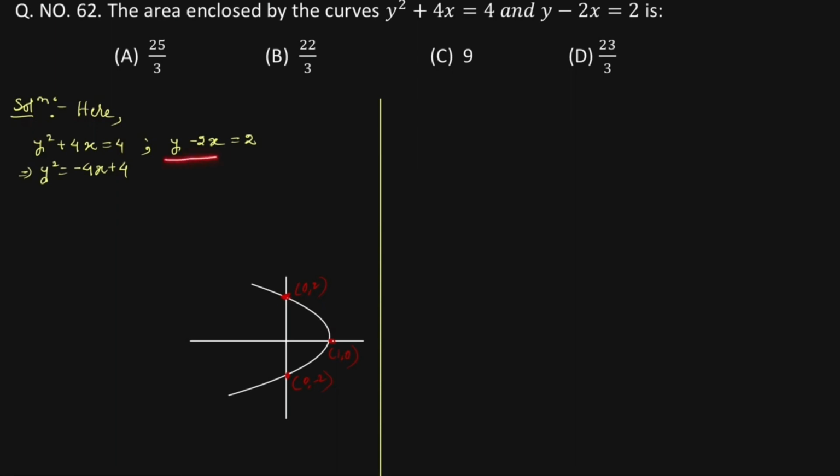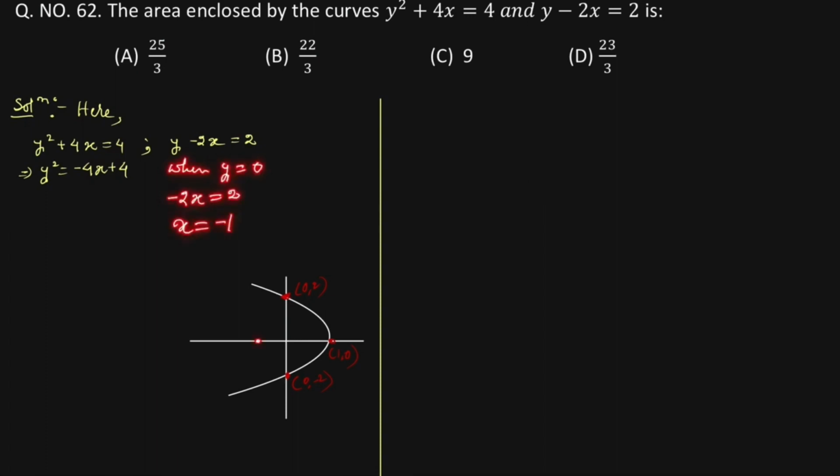Now we draw the graph of this line. When we take x equal to 0, then you will get y equal to 2. So one point we will get here, x equal to 0 and y equal to 2. After that, when we take y equal to 0, then we will get minus 2x equal to 2, that means x equal to minus 1.